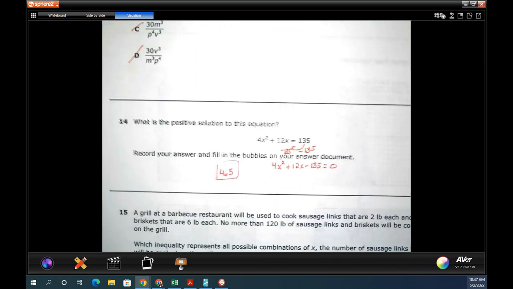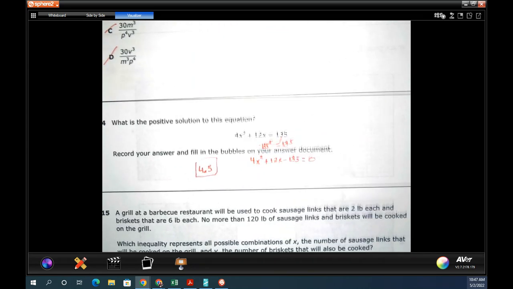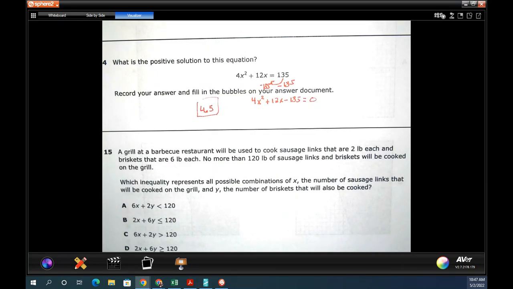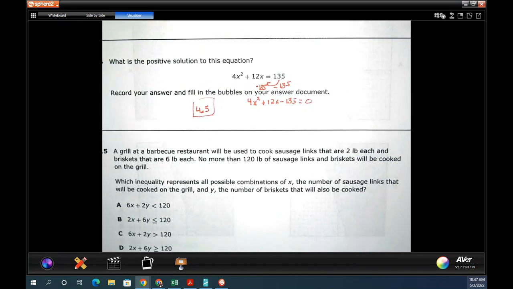All right, let's look at this one. A grill at a barbecue restaurant will be used to cook sausage links that are 2 pounds each and briskets that are 6 pounds each. Boy, that sounds good right now. No more than 120 pounds of sausage links and brisket will be cooked on the grill.